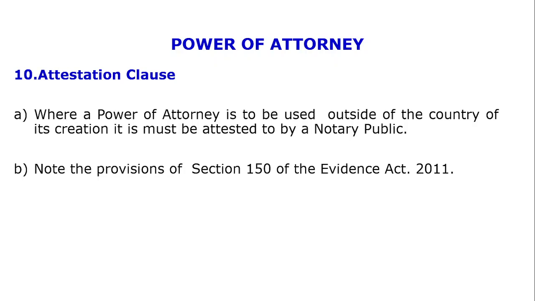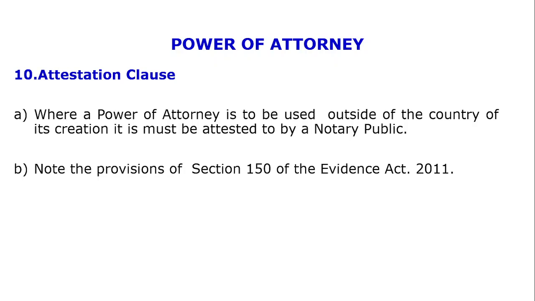Whether you know or you don't know, the examiner also does not know, right? So you are able to say, okay, notary public as the attesting witness. So that saves you the stress. You know the provisions of section 150 of the Evidence Act that says that a power of attorney is presumed to have been made validly, for the purpose of authenticity.